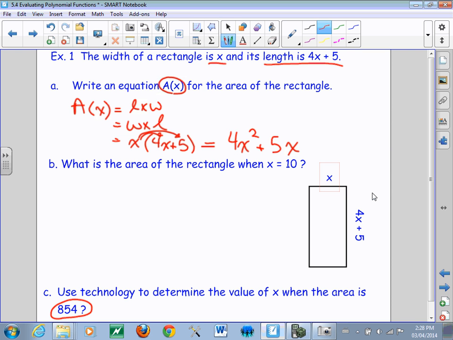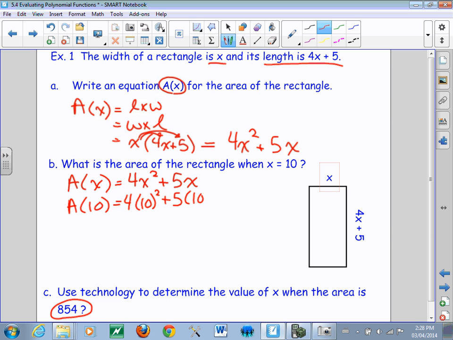So if you don't have this correction here, change that to 854. All right, for B, what is the area of the rectangle when x equals 10? So remember, we know A at x from our question in A equals 4x squared plus 5x. So wherever we see an x, we're going to put a 10. So A at 10 equals 4 times 10 squared plus 5 times 10.